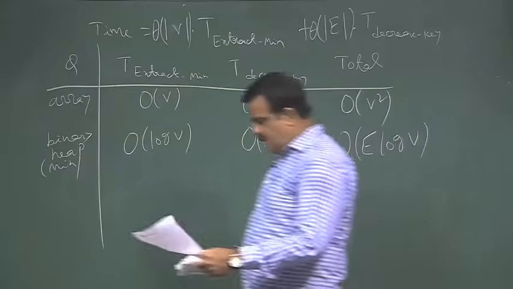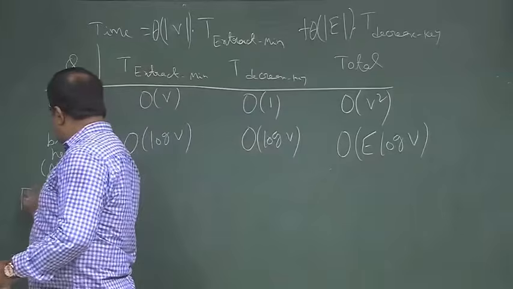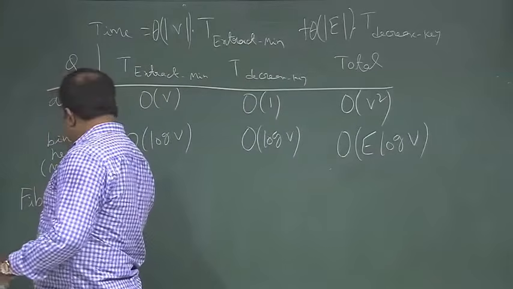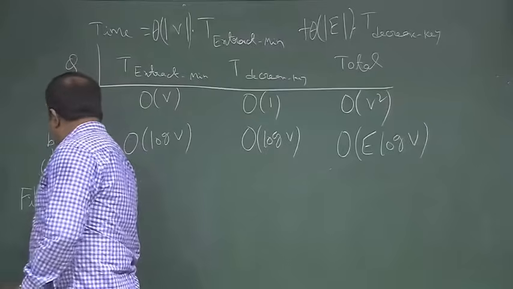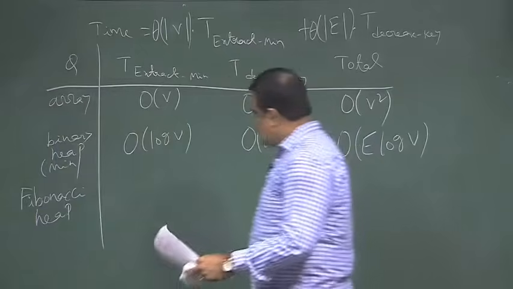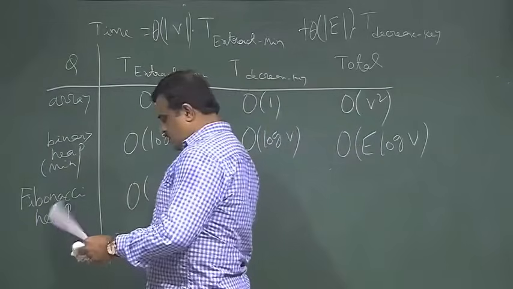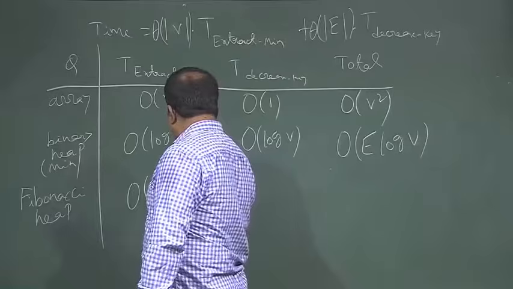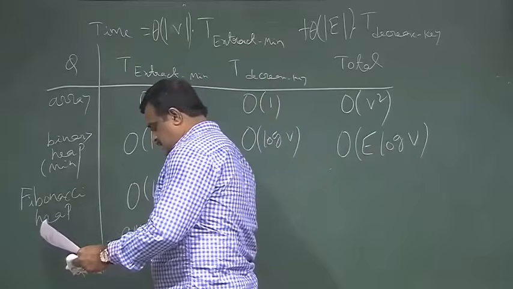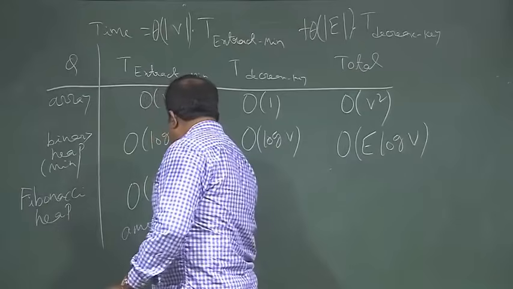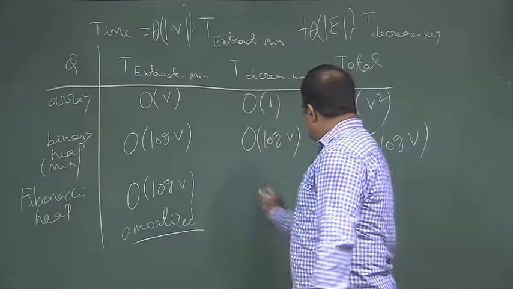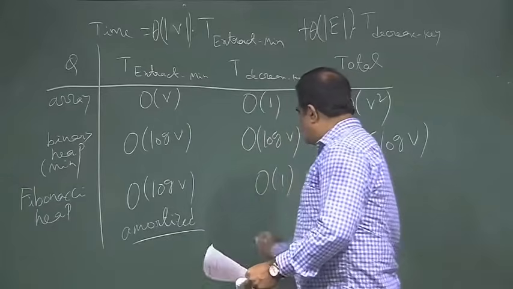Now, if you take another data structure which is called Fibonacci heap, which is there in the textbook, then we can show extract will take order of log V amortized. So, this analysis is amortized analysis. And decrease key will take order of 1, which is also amortized.